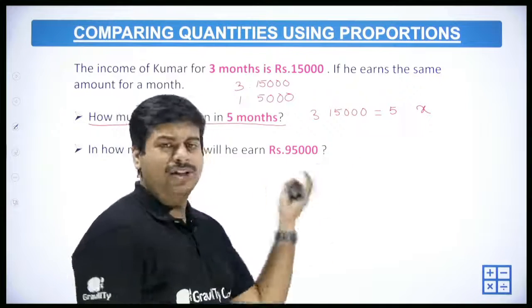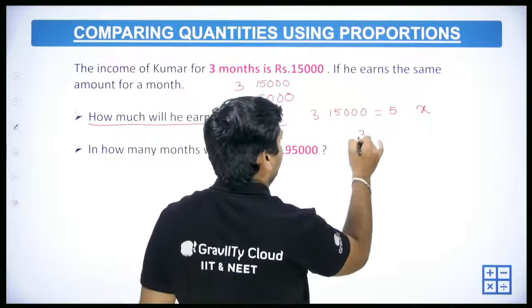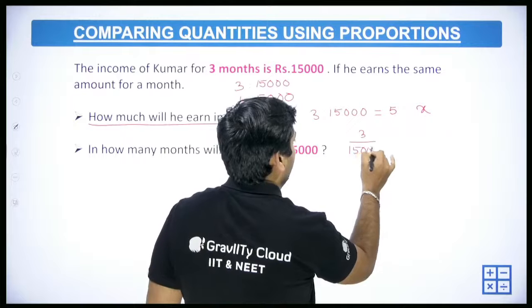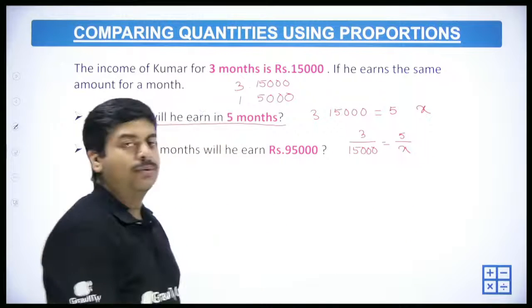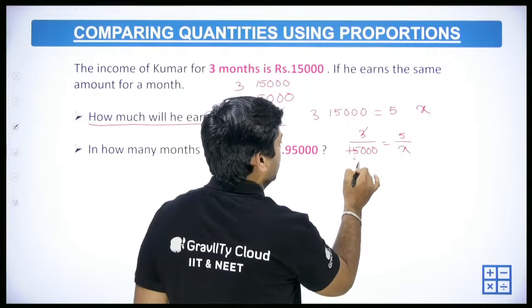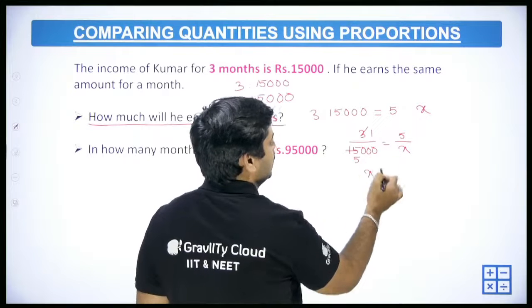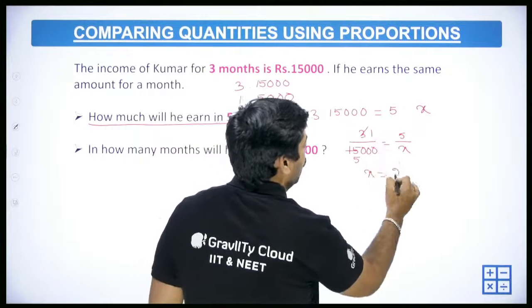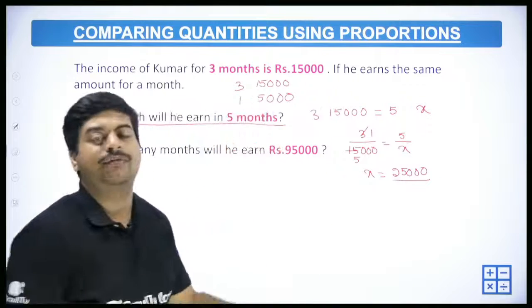These are just fractions. So 3 by 15,000 is equal to 5 by X. Cross multiplying, 3 1s are 3, 3 5s are 15, so that is 5,000. X into 1 is X, which is equal to 5,000 into 5, which is 25,000. So for 5 months, his income will be 25,000.